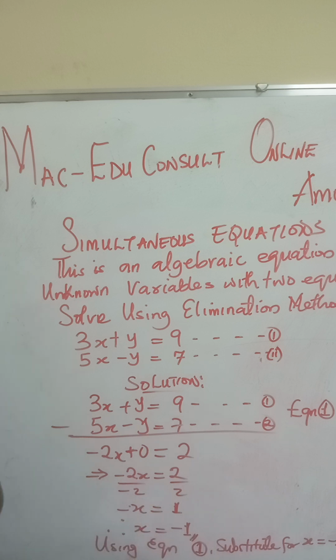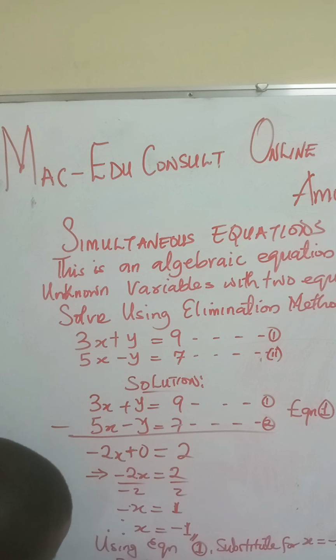So I write back my equation 1, which is 3x plus y equal to 9. Anywhere I see x, I put minus 1. And this is minus 3 plus y equal to 9. So this becomes minus 3 plus y equals 9. And automatically this becomes y equal 9 plus 3. My y will be equals to what? 12.